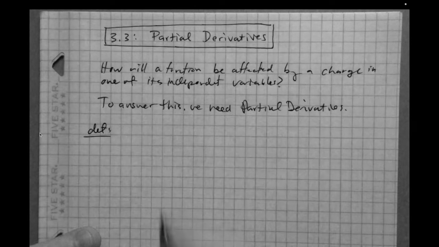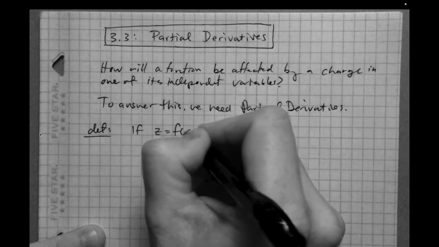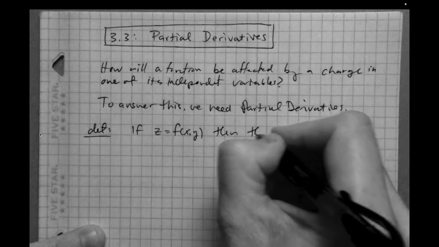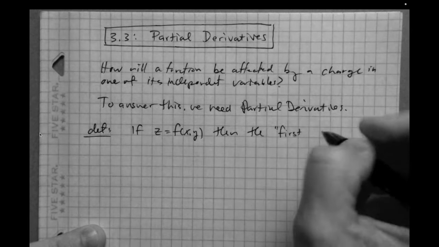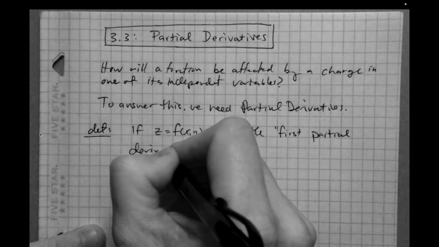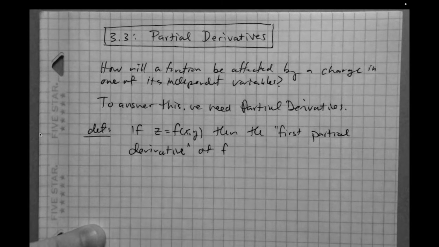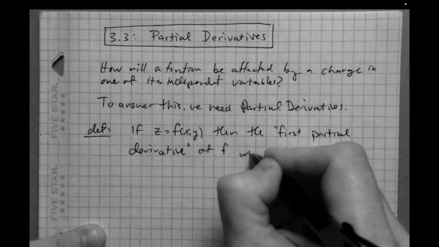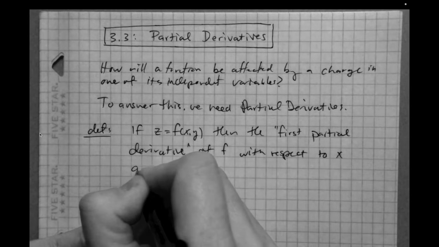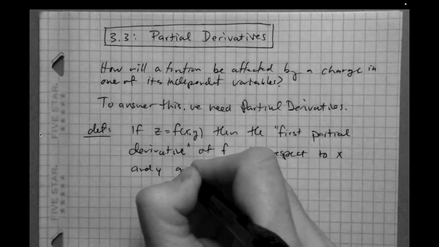Okay, so if z is a function of x and y, then the first partial derivatives of f with respect to x and y are the functions.